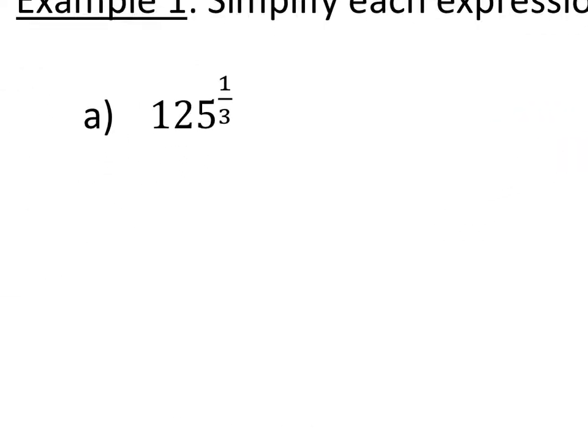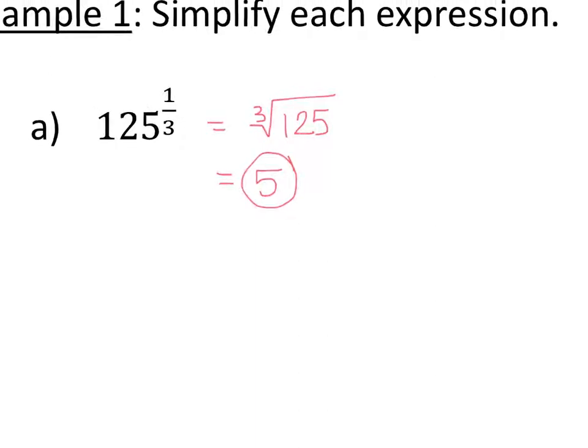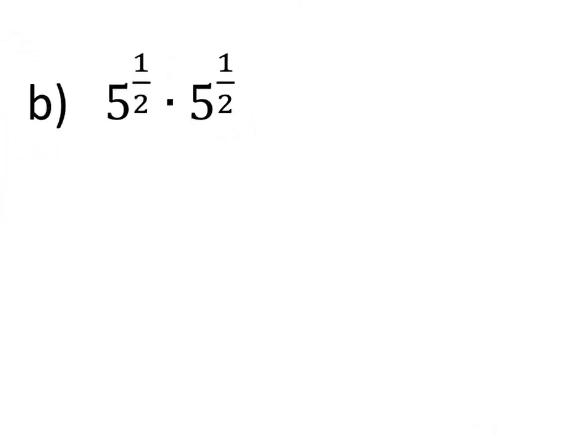Let's write it as a root, because I'm not good at dealing with exponents like that. Okay, what would that be as a root? 3 squared root of 125. What's that? 5. Okay, if you don't remember it being 5, you can put it in the calculator or break it down. All right. How you want to deal with this one?